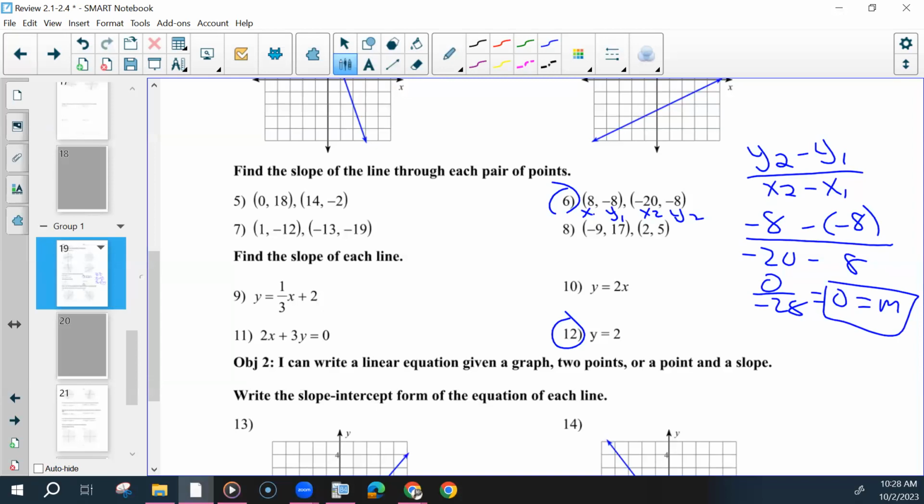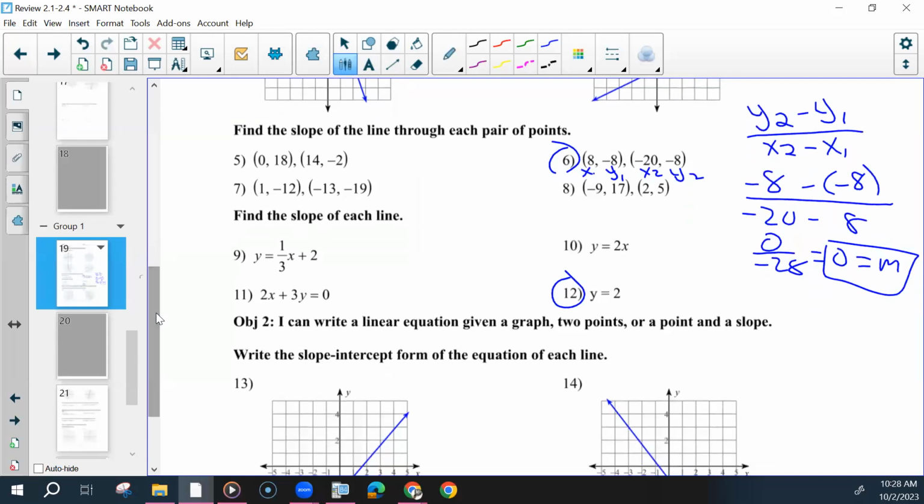Jacob, you were saying do number 12. Questions on 6, we're going to do 12. So if this is a y equals, anytime you see a y equals just a number by itself, or an x equals just a number by itself, you should be thinking about your FOIBA.